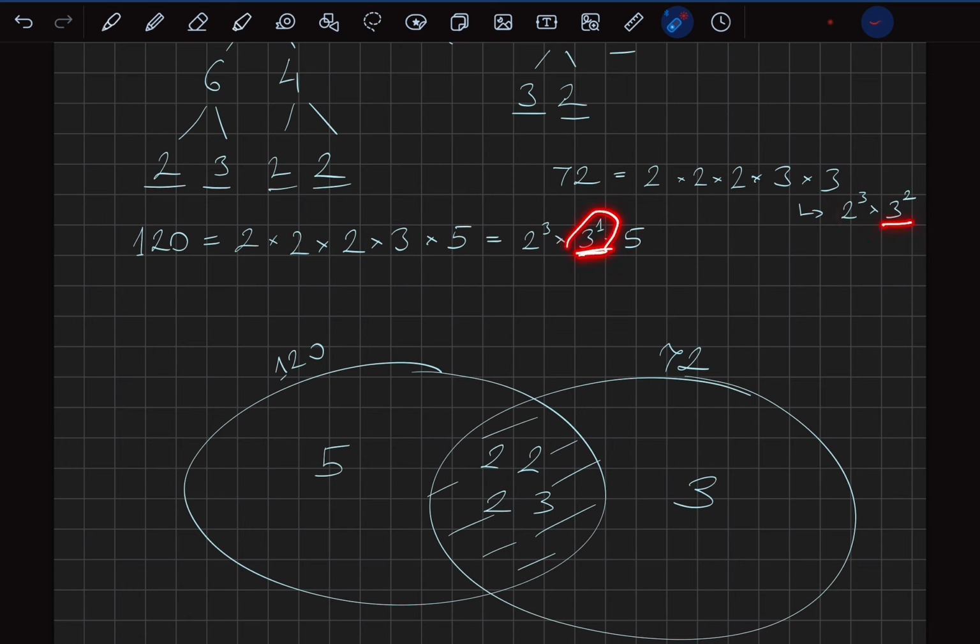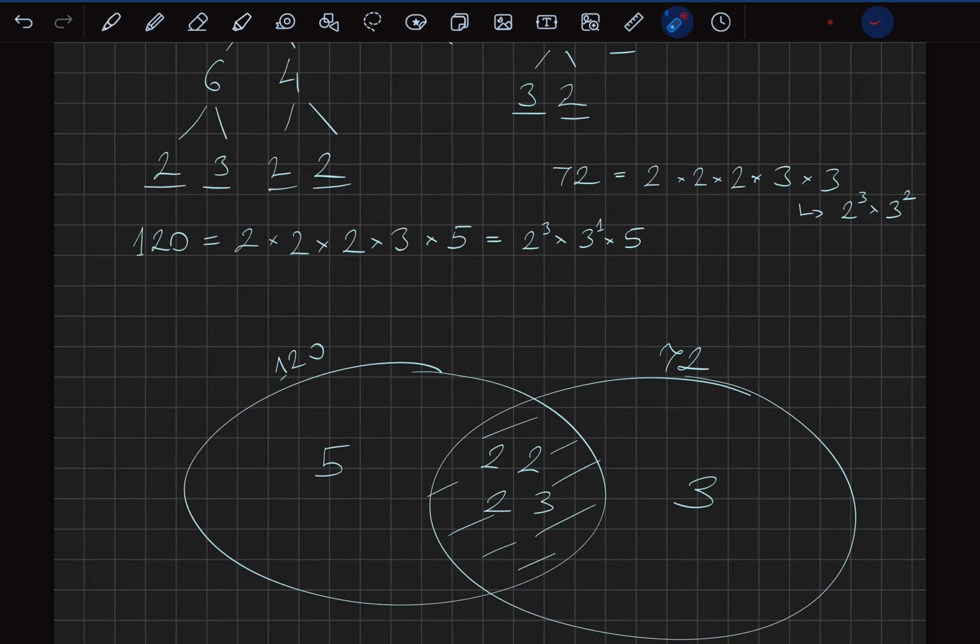So the 1 is the lower power. So 2 to the power 3 times 3 to the power 1 will be the highest common factor. So basically the intersection area, the common numbers here.